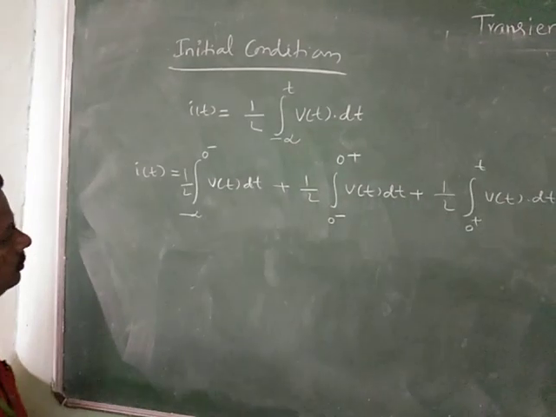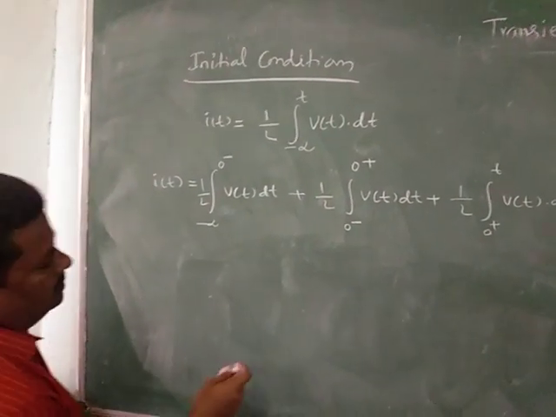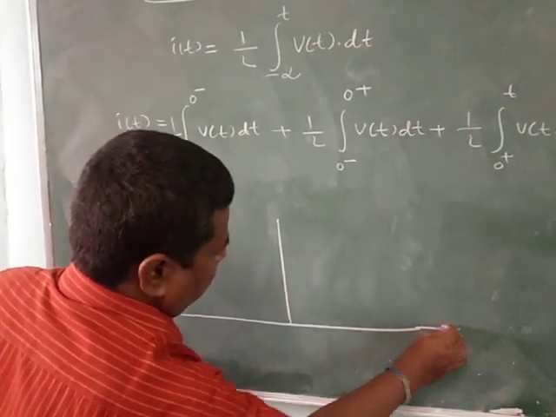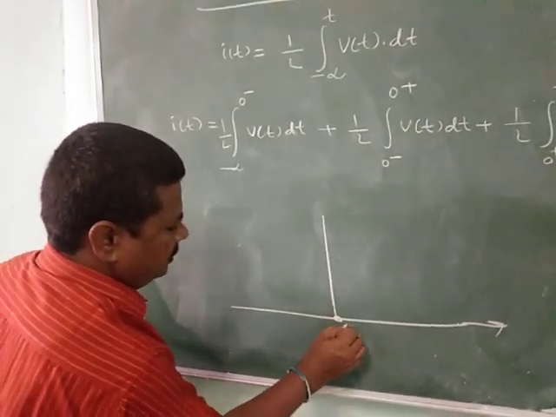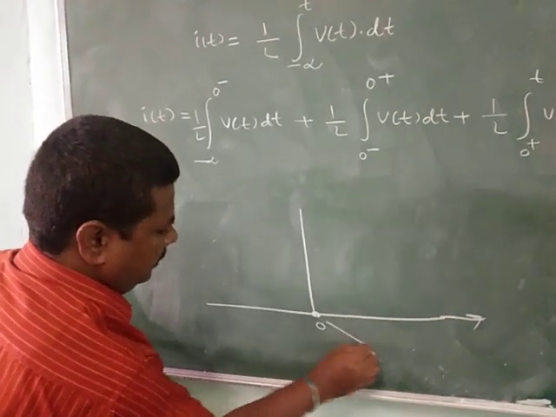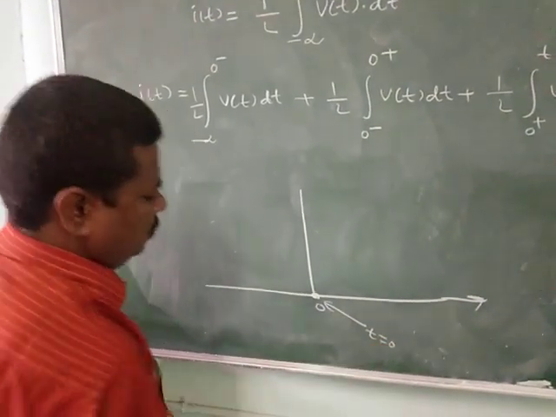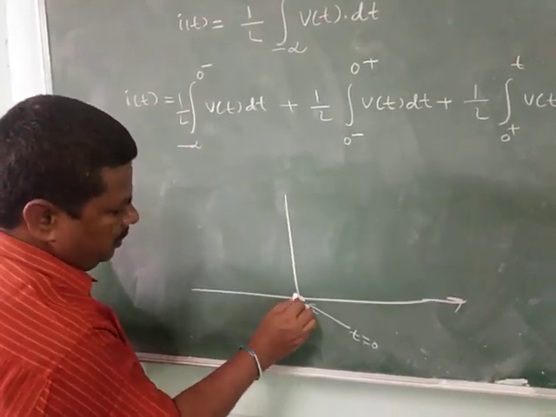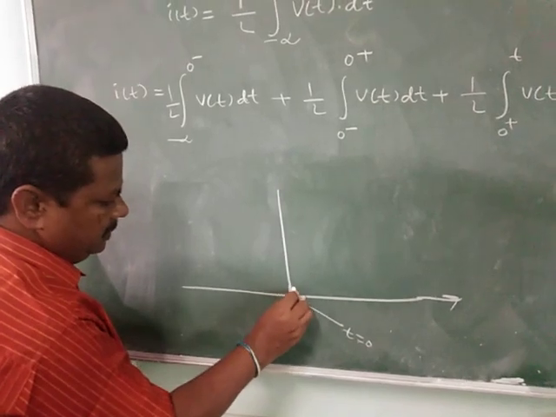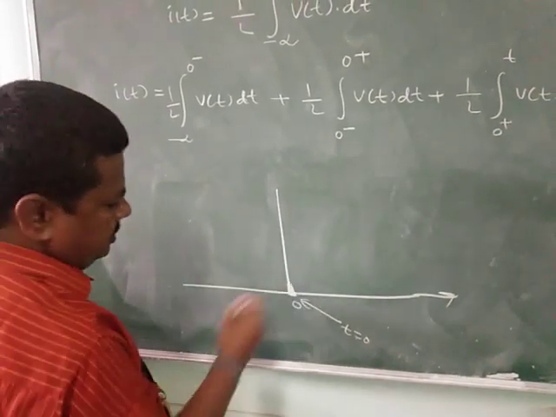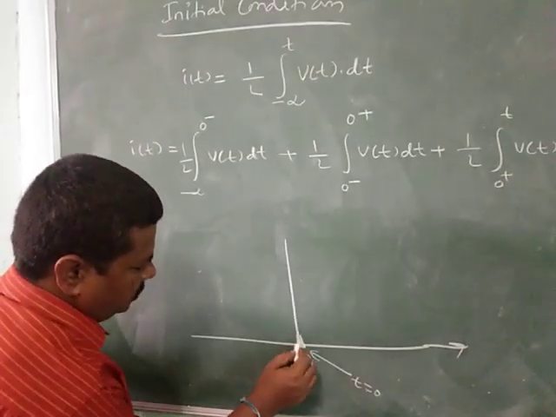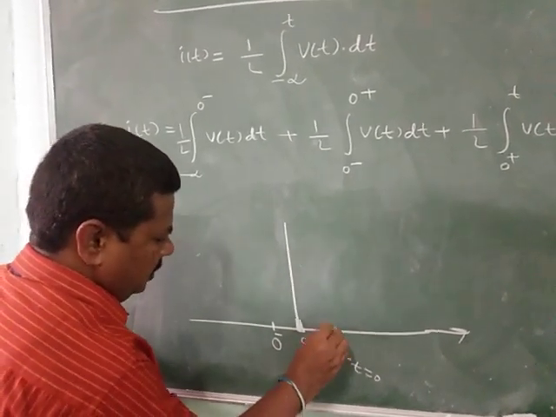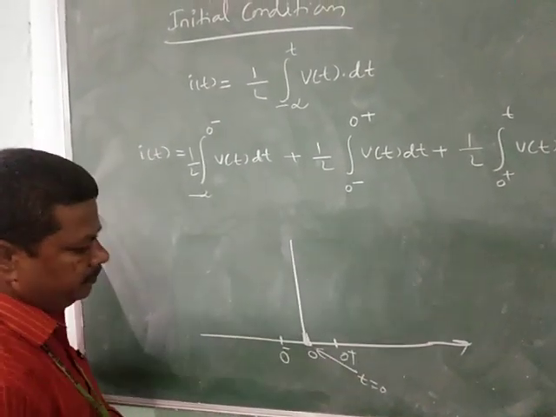Now coming to this one, observe here, this is at t is equal to 0. 0 minus is just before 0, and 0 plus means just after 0. It is very difficult to show here, so I am assuming this is 0 minus, and similarly here I am assuming 0 plus.